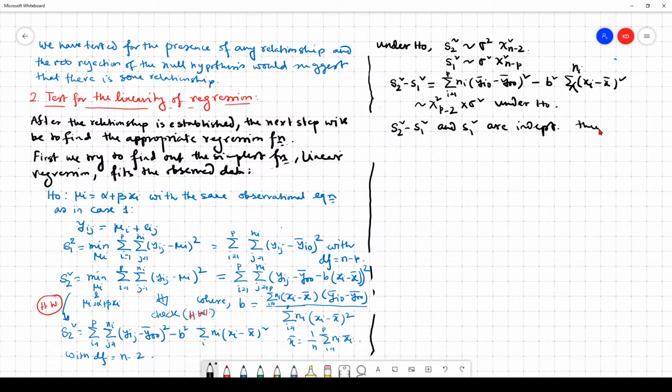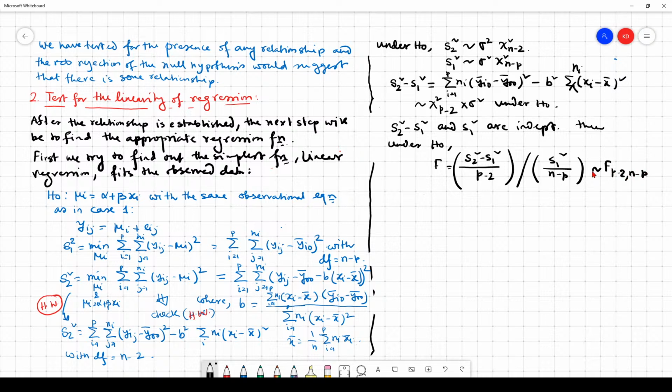Then under H naught, the F, which is equal to S2 square minus S1 square by p minus 2, whole divided by S1 square by n minus p, follows F distribution with p minus 2, n minus p degrees of freedom.